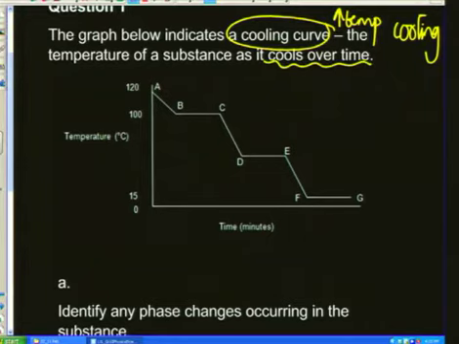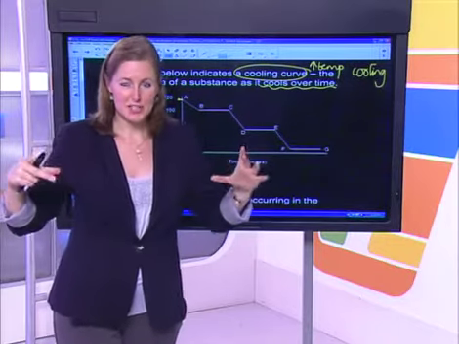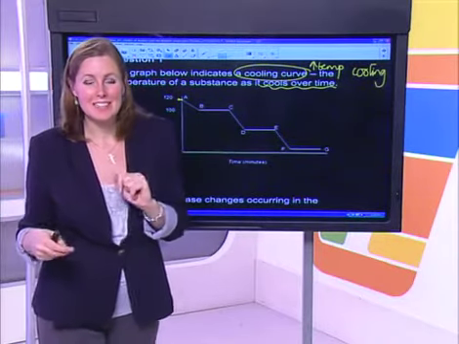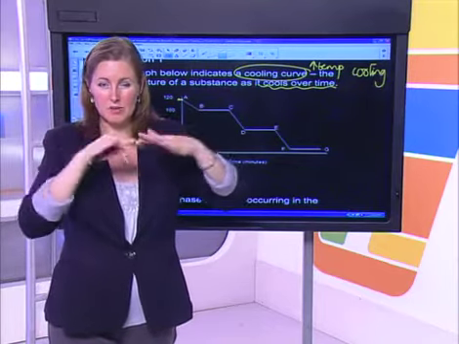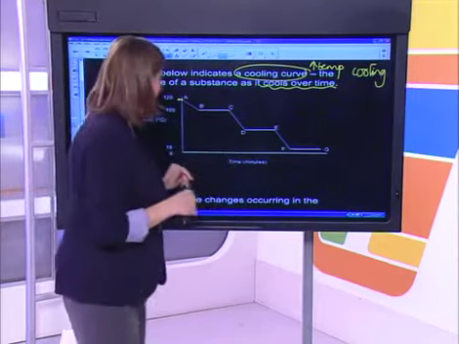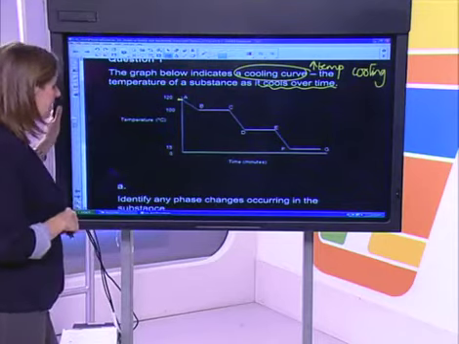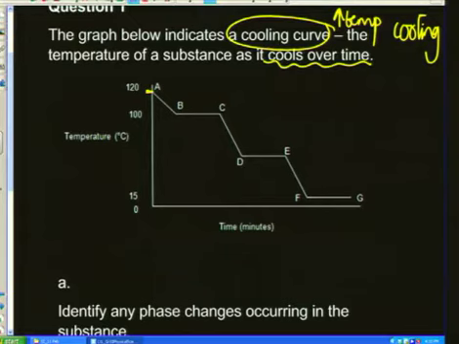We start off at approximately 120 degrees Celsius. Obviously, you need to read off a graph, and here I've got a sketch graph. But if you were given a test or an exam question, you would be able to read more distinctly off graphs with lines on grid paper. It starts off at 120 degrees Celsius, and it cools right down to about 15 degrees Celsius down there.